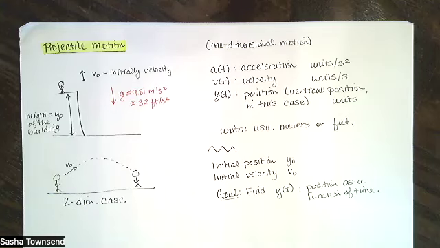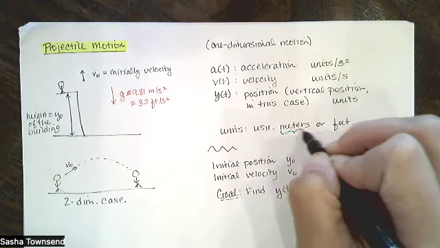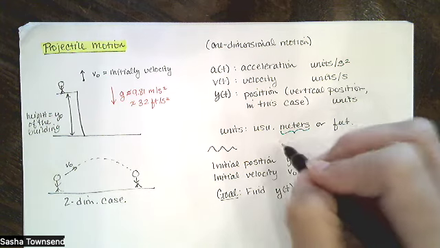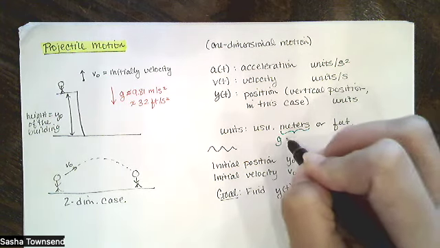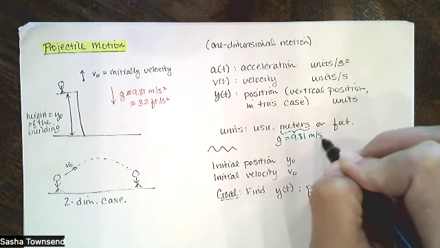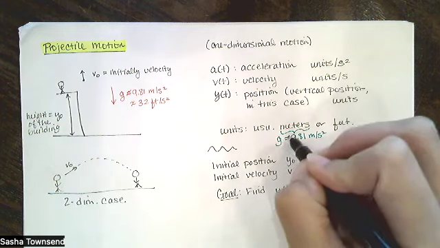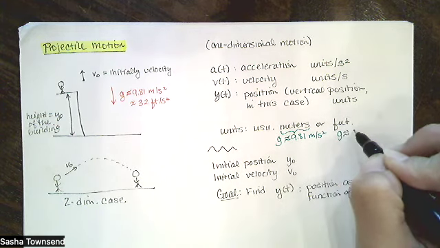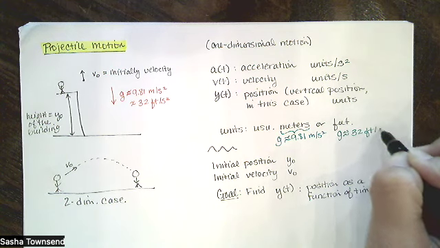Those units are usually meters or feet. If we're on Earth, the acceleration due to gravity is approximately 9.81 meters per second squared, represented by this lowercase g. And of course, in feet, gravity is 32 feet per second squared.